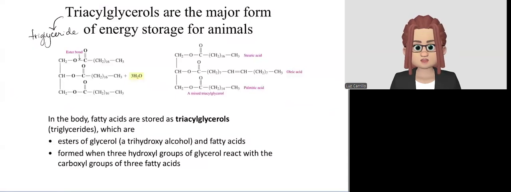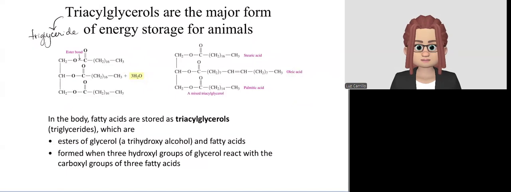These triacylglycerols can have 1, 2, 3 fatty acid components in their structures. Sometimes they can be the same, as you can see in the molecule on the left. Sometimes they can be different, as you can see in the molecule on the right.